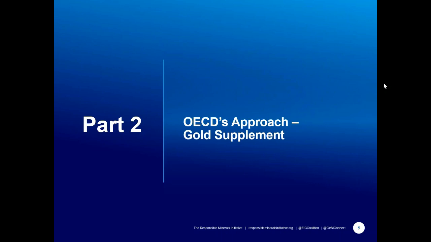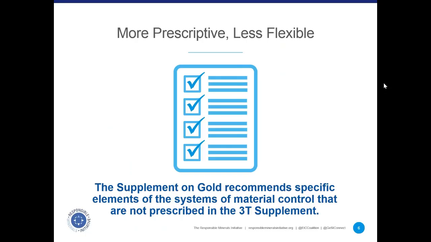The RMAP's new gold refiner standard is based on the detailed guidance of the OECD Supplement on Gold. The Supplement on Gold is more prescriptive than the supplement on 3Ts, meaning it is also less flexible. For example, the supplement recommends specific elements of the systems of material control that are not prescribed in the 3T supplement.